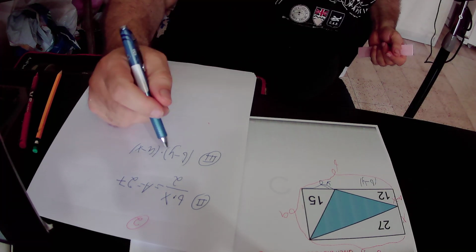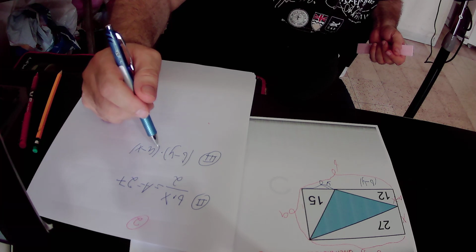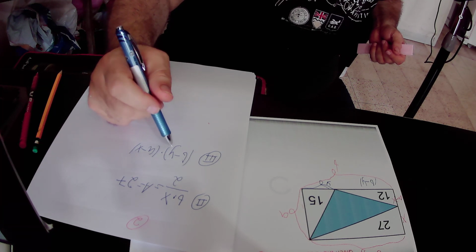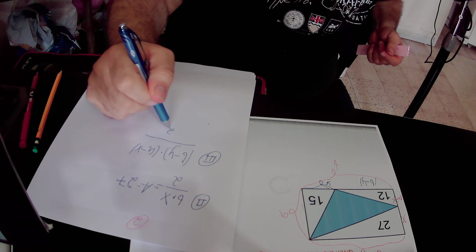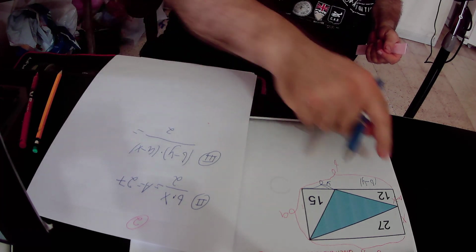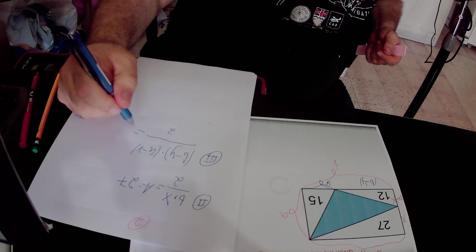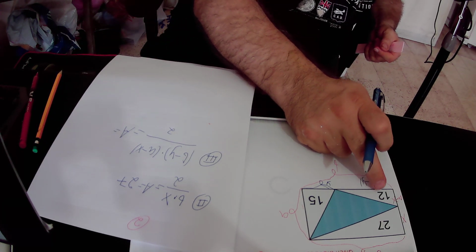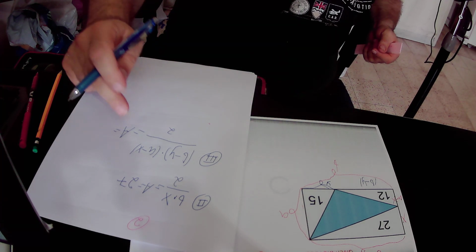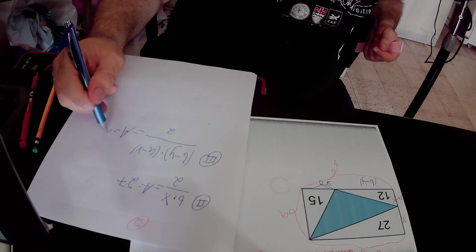So B minus y, the base, times A minus x, the height, divided by 2, equals the area of this triangle. But we already know that the area is 12 units, so we write that it equals 12.